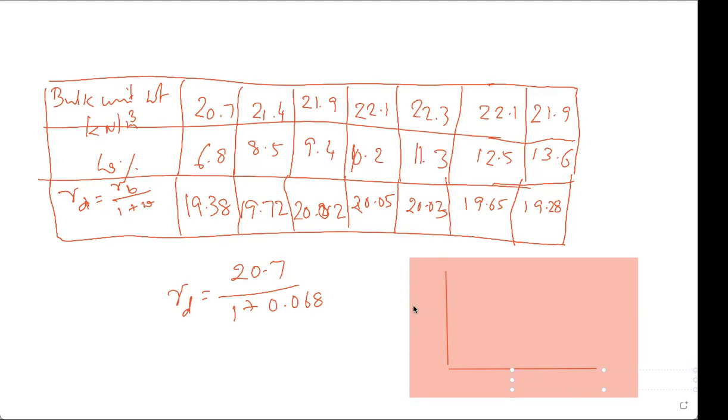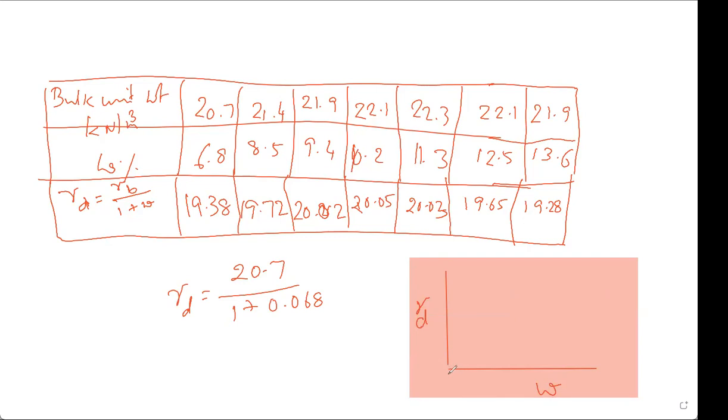On the y-axis, it should be gamma dry. Here it should be gamma dry, and here it should be water content. On the x-axis, you mark the water contents.